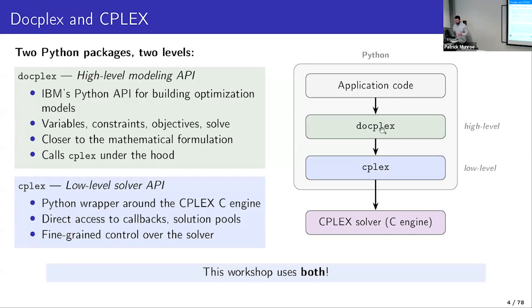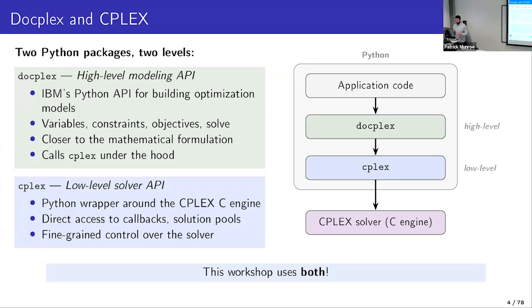And those two, DOcplex and CPLEX, with the small letters here, are two Python packages, so they're written in Python. Under them, what we call the CPLEX solver is the software that's written, or used to be at least written, in C, and that we call through those two APIs.